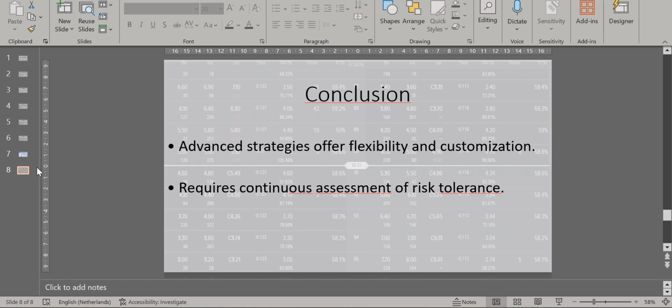But again, this requires you to continuously assess your risk tolerance, because if something happens that reduces your risk tolerance, you might want to adjust your trades to make sure you don't suffer a loss that may cripple your budget and your portfolio. But for the time being, this is it.